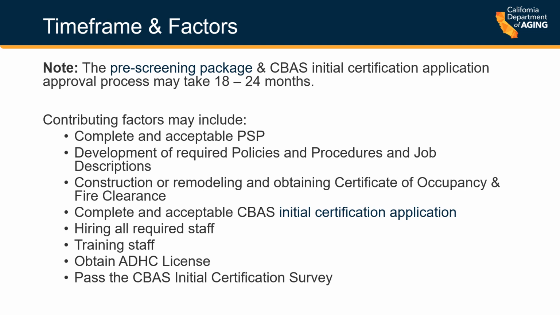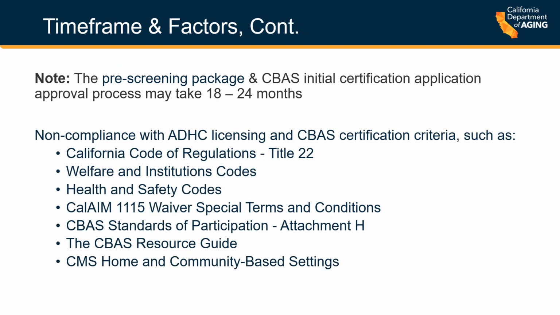You must conduct your own independent research and be knowledgeable of CBAS program authorities to ensure you submit a complete application package and maintain compliance once certified. If you submit documentation that is incomplete or non-compliant with CBAS program authorities, this will create significant delays or result in denial.